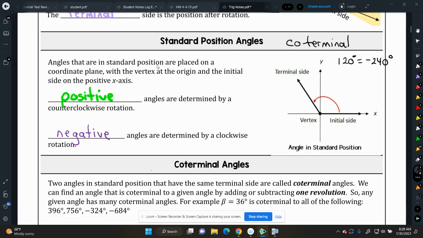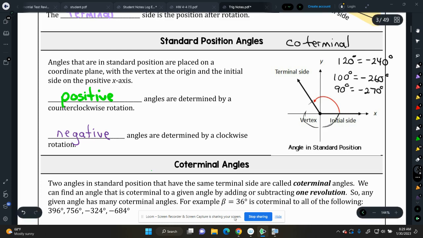Usually we work with the positive angle, but we need to know that they're equivalent. So 100 degrees would be equivalent to negative 260 degrees. 90 degrees is equivalent to negative 270. What do you notice? They add up to 360, which makes that full circle. And we'll talk more about that later.